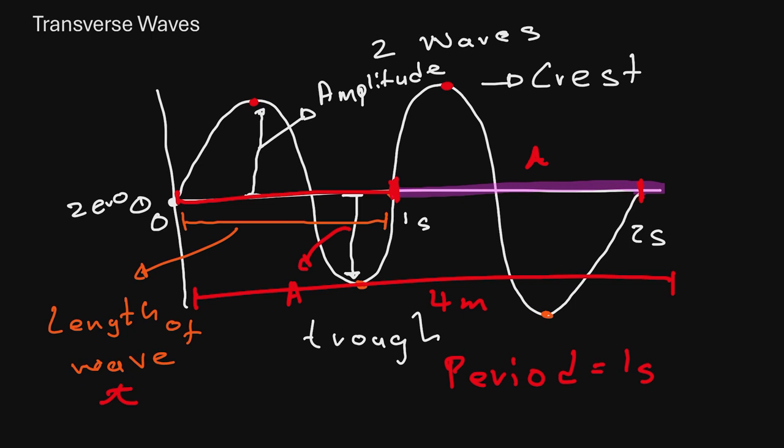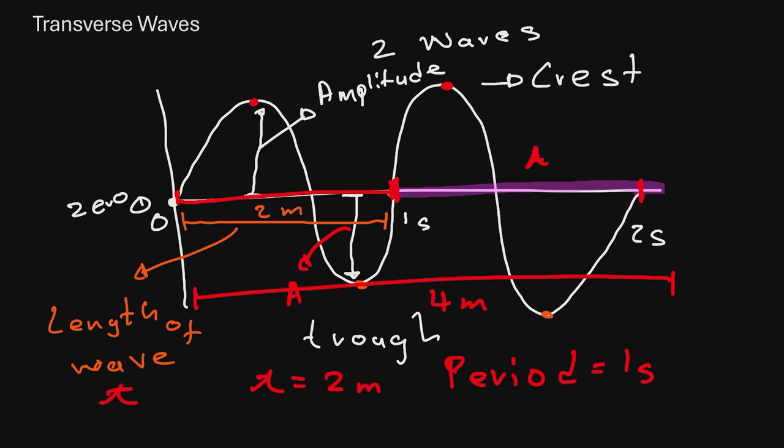It will have to be 2 meters, since we have two waves and the total length is 4 meters. So we are going to say the wavelength is going to be 2 meters. So you need to be able to identify the wavelength and the period in your wave.